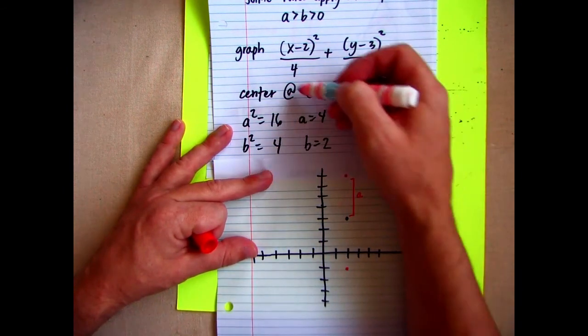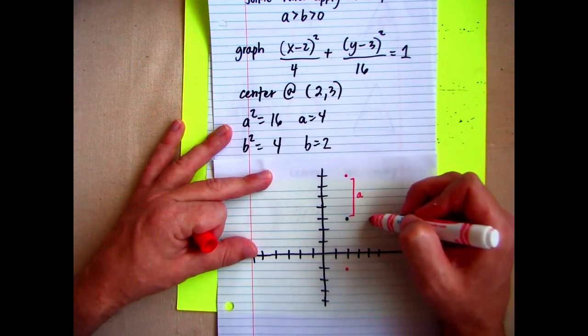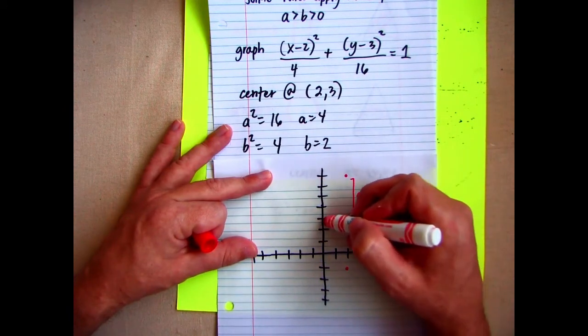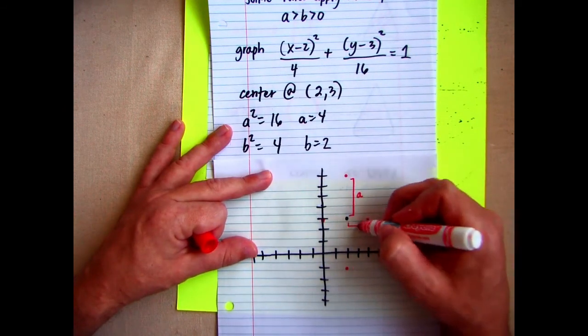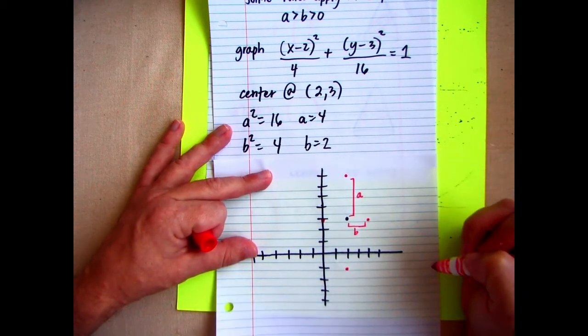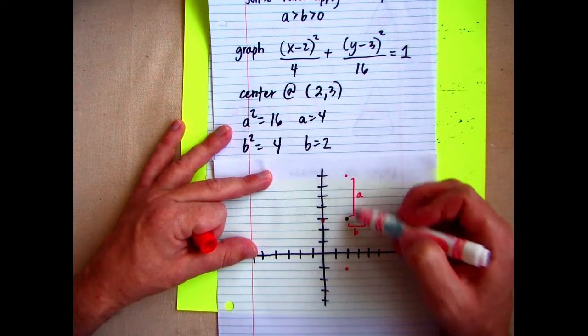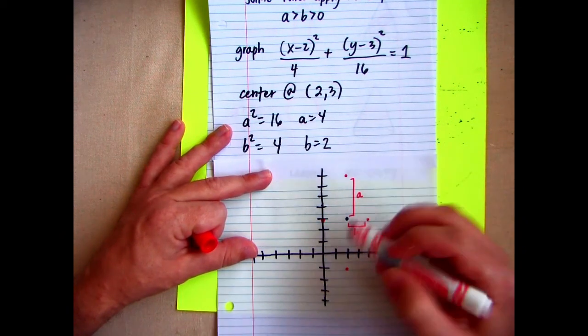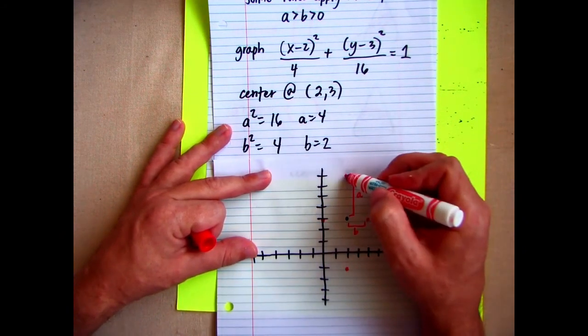B was 2, so I'm going to go 2 units left and 2 units right of the center. Alright, so now it's just a matter of connecting these dots and making my ellipse.